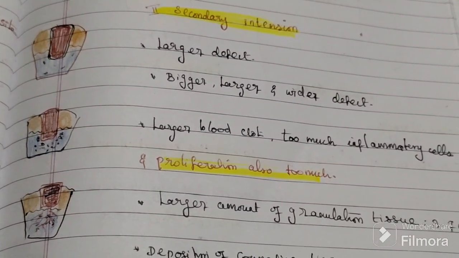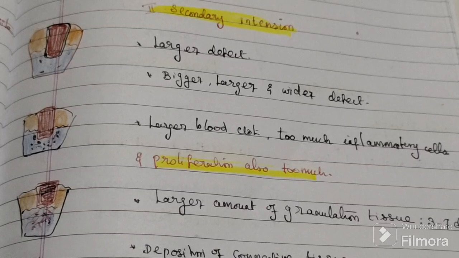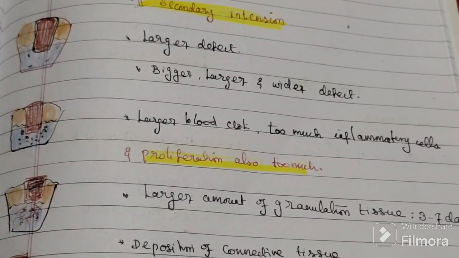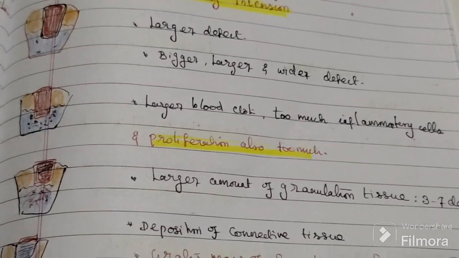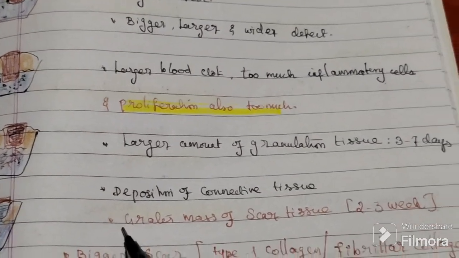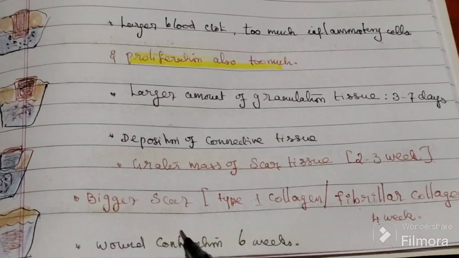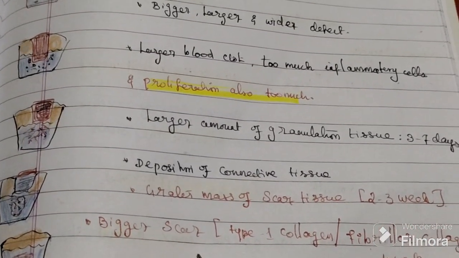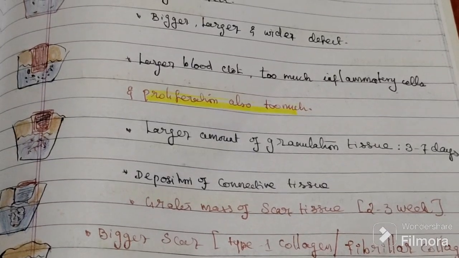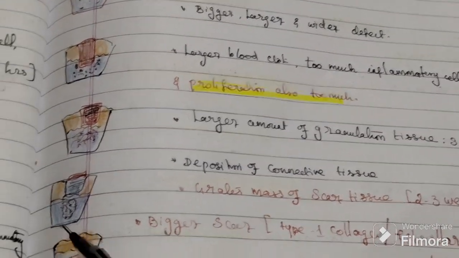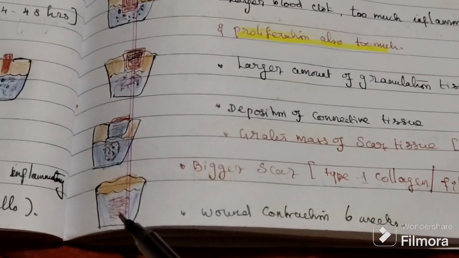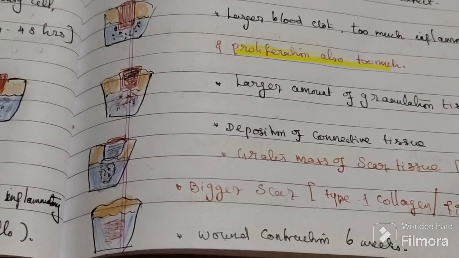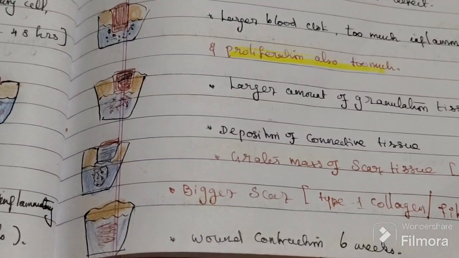In the next 2 to 3 weeks, just like what we saw in primary intention, there is large proliferation of fibroblasts, laying down of collagen. This collagen is too much because it is a large scar.